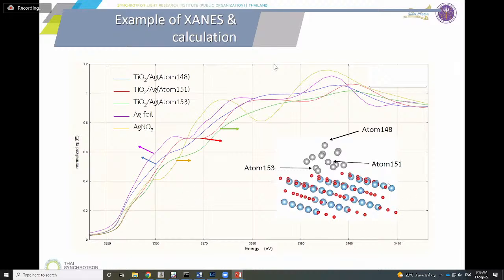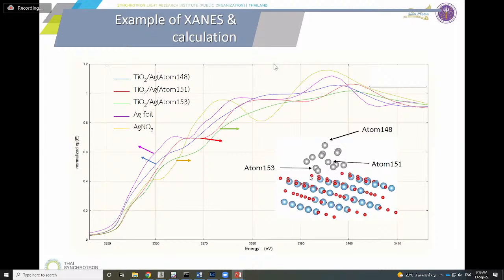So we simulate the structure of titanium dioxide here and the structure of the silver cluster here. But if we simulate the signal of the X-ray absorption via the scattering point at these atoms, the spectra come out different. The reason is that the silver here has been under the influence of titanium, so the electrons surrounding the silver tend to go down rather than up.